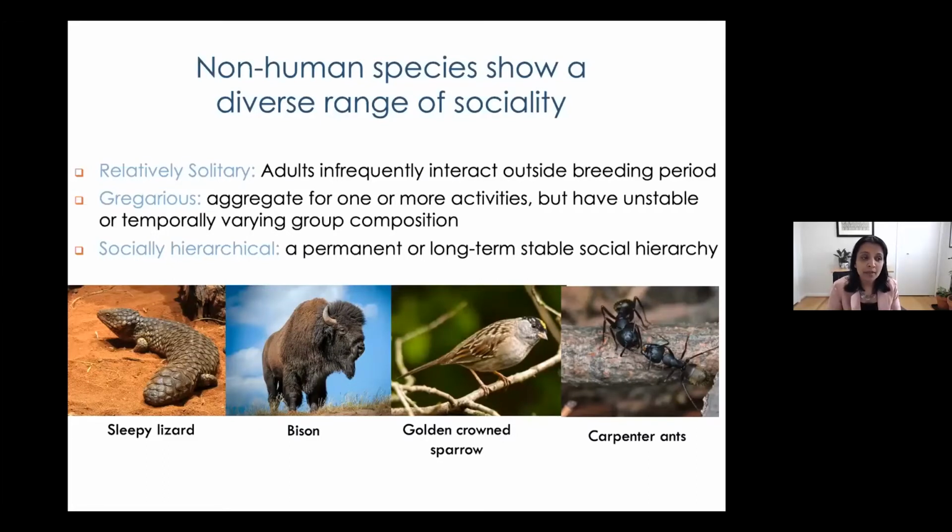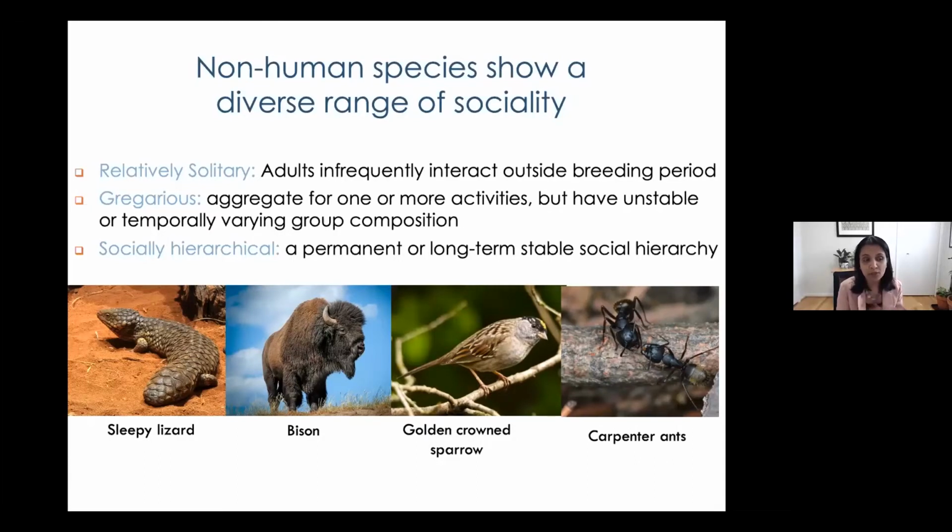And somewhere in the middle, you might have species that are more gregarious, right, where they aggregate to do one or more activities. But this aggregation isn't particularly stable in space or over time, and so the group composition is constantly changing. Fission-fusion species like bison or like dolphins or like humans fall in this category, as do many bird species, which tend to be quite gregarious, but not in a stable way.